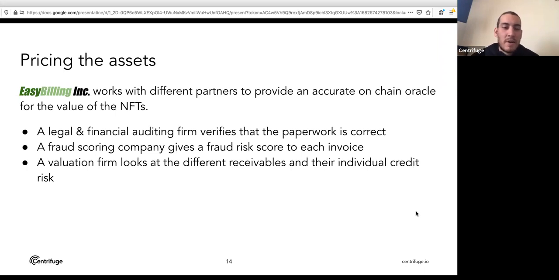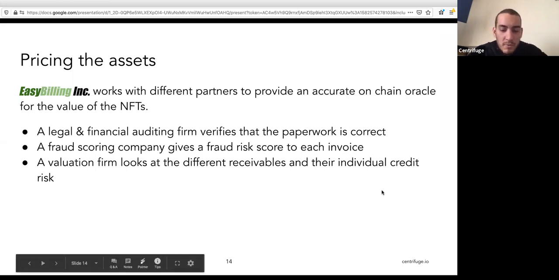Sometimes you have to do a manual process where you'd want to review the paperwork, or possibly even send an appraiser to the property and get a third-party appraisal done. So it can be anywhere from instant to taking a few days. But for invoices, this is usually done in a fairly automated way.